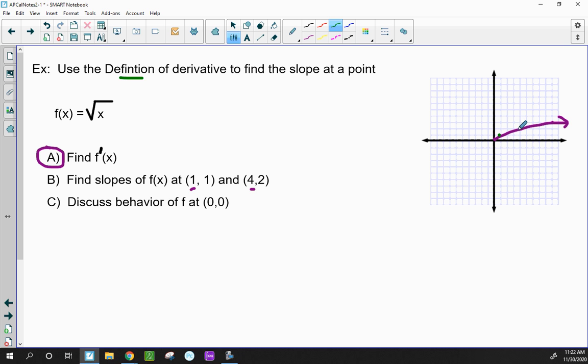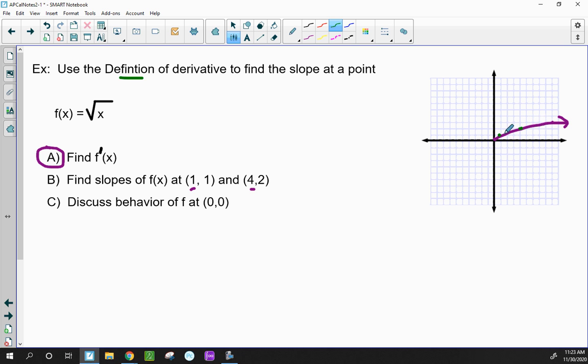Then they're asking me to find the slope of f of x at 4, 2. Here's 4, 2. They want me to picture another tangent line drawn right here where it touches that point on the graph of f of x, and find the derivative, or the slope, of it. I can tell it's going to be positive, and that this answer is going to be different than that answer. And remember, that's the whole purpose in derivatives.